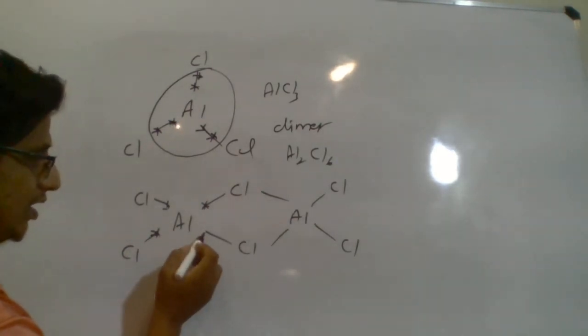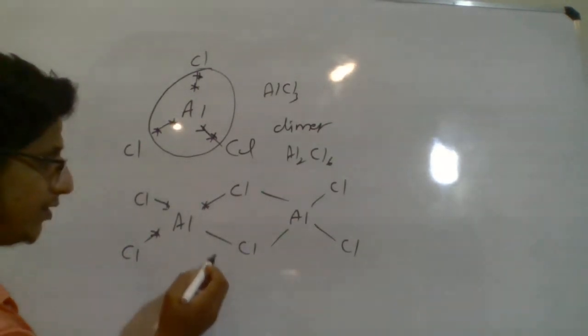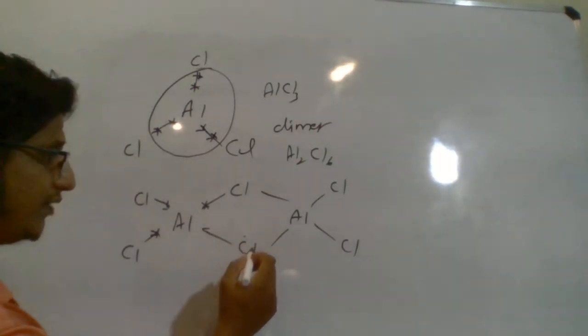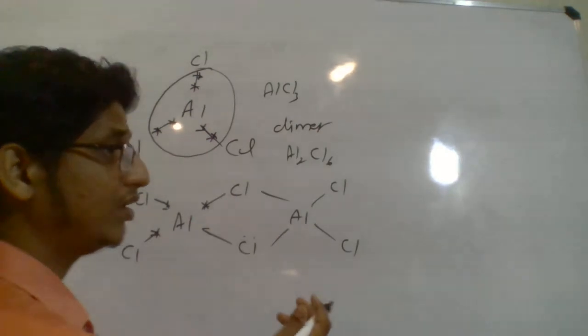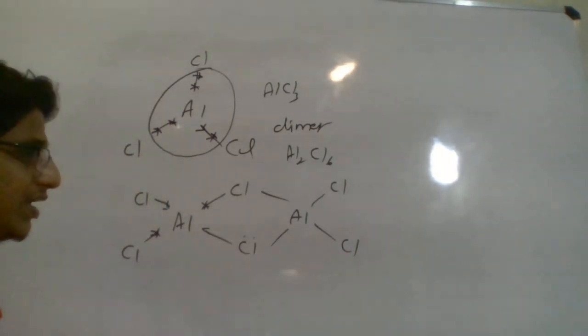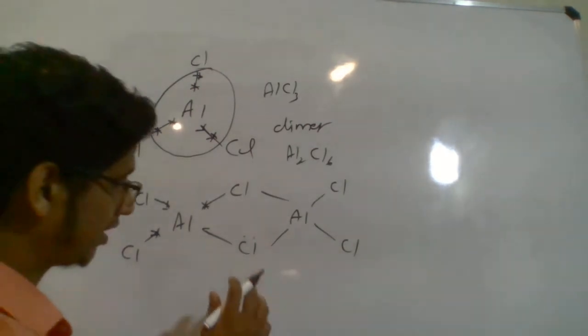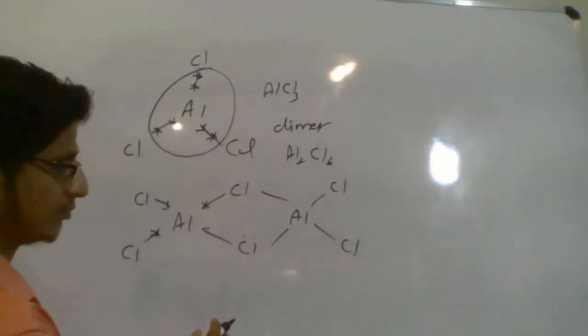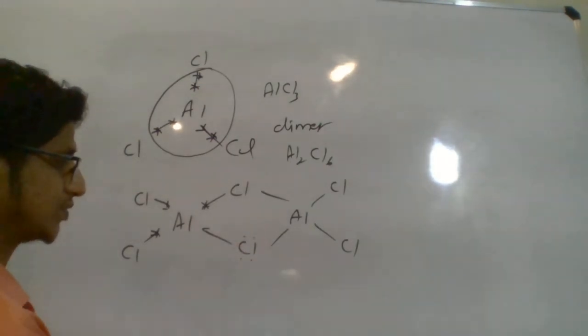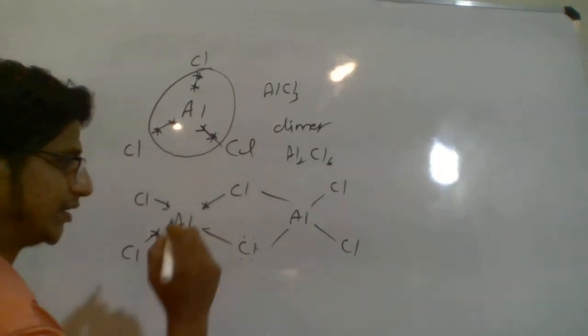The bonding here is actually a coordinate bond between chlorine and aluminium. Chlorine has 7 electrons in the valence shell, so a pair of electrons can be utilized for bonding with this aluminium atom. So 2 plus 2 is 4, 5, 6, 7.